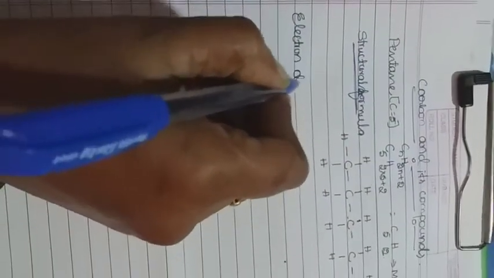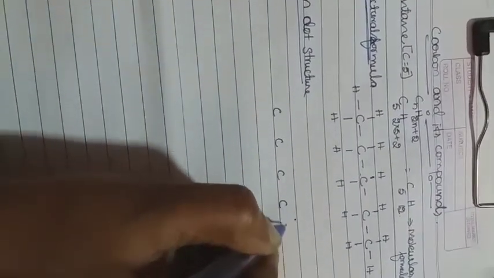Electron dot structure. Don't get confused while writing it. Where the carbon atoms are, write carbon 1 2 3 4 and 5. Where the hydrogen atoms are, write hydrogen, except at the one bond.